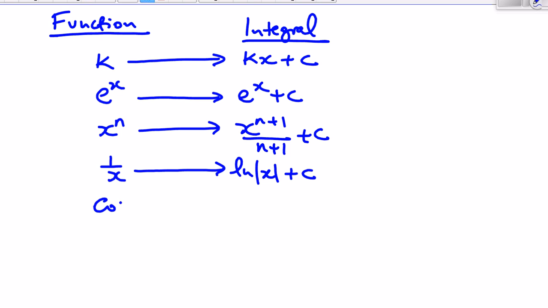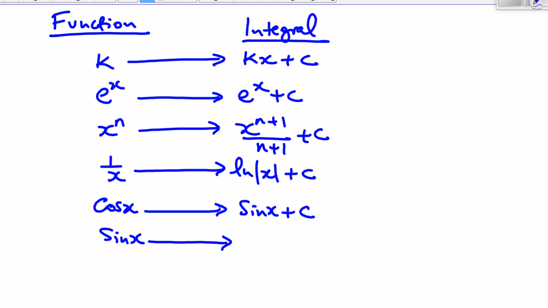If you have cos x, all these are in your formula booklet, so sin x plus c. If you have sin x, you'll end up with negative cos x plus c.